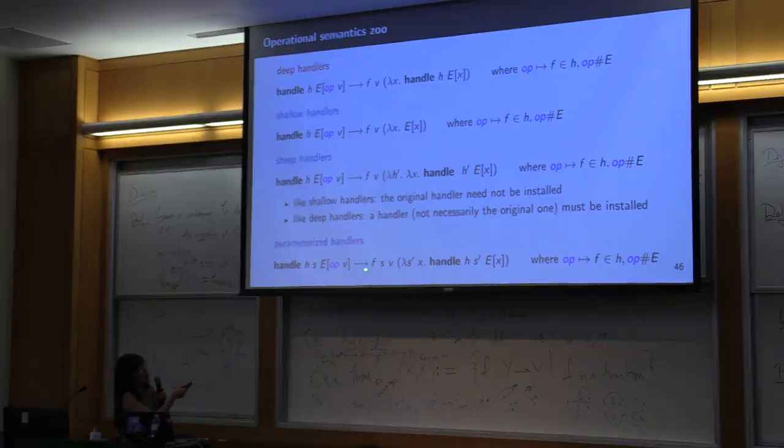Every time, you can also pass the state to this function F. So the function F always has access to the current state, and you also get the chance to update this state when you resume. It's a very convenient way if you have, for example, stateful resources associated with your handler, and you do things differently depending on the state.